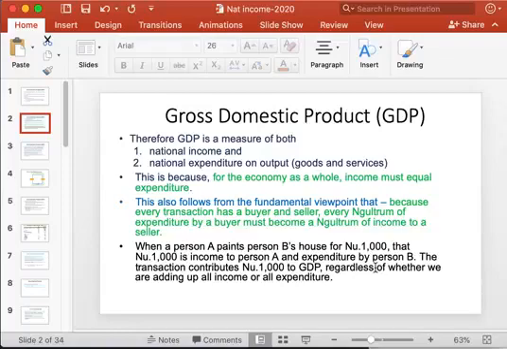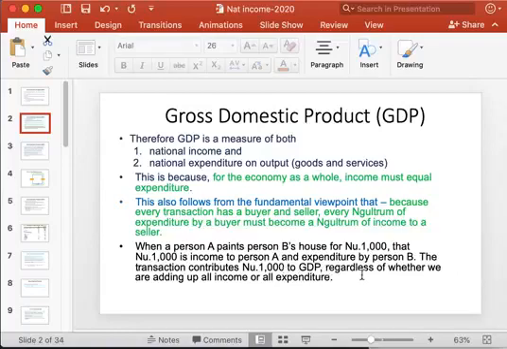So it is not like the person who paints a house contributes 1000 and the person whose house is painted contributes Newton 1000. It is just a Newton 1000 transaction that is happening between person A and person B.